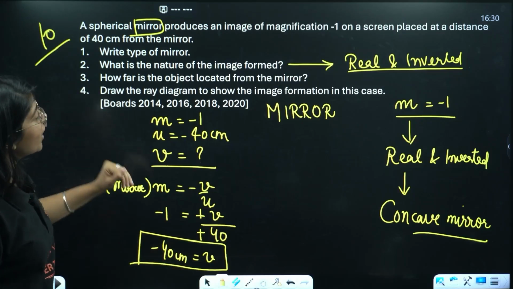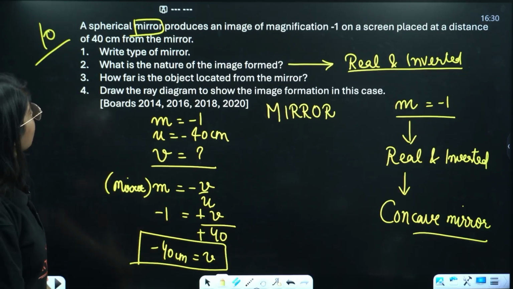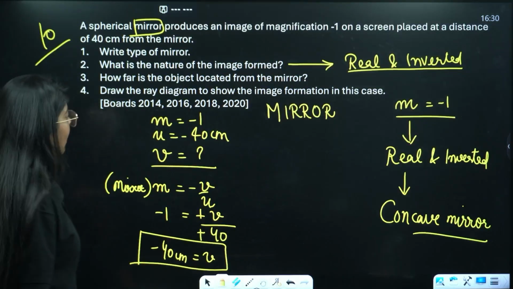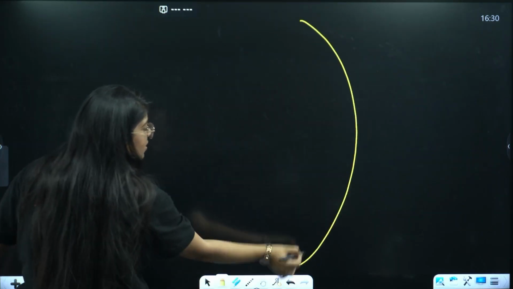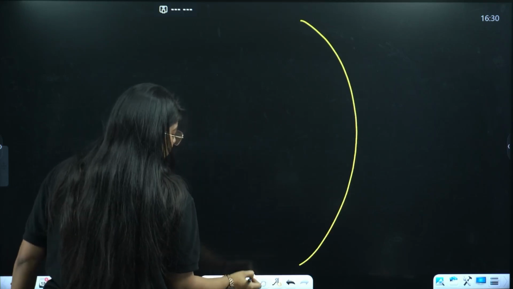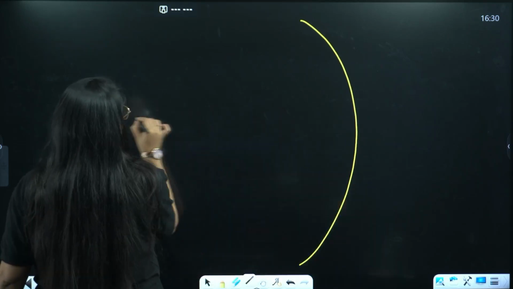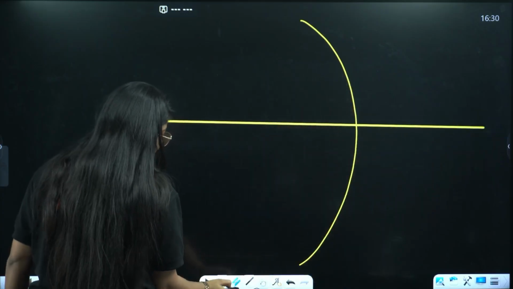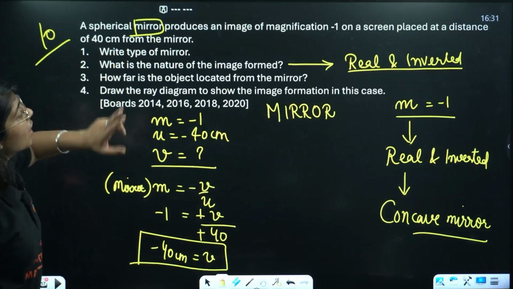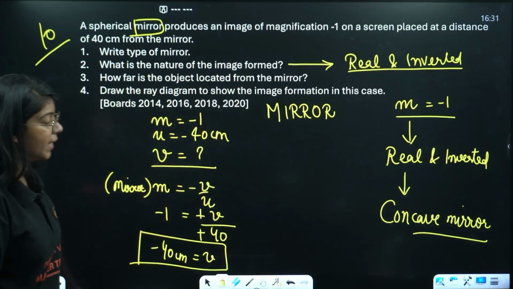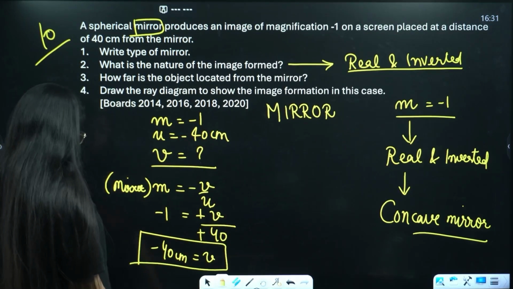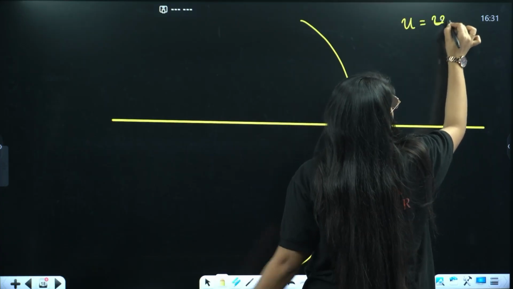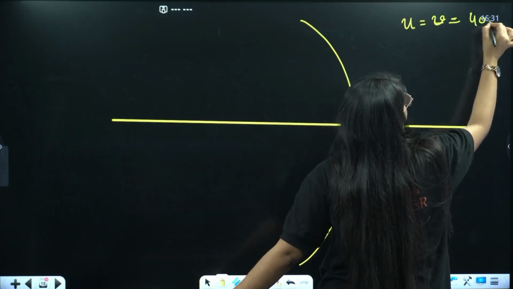Draw the diagram to show the image formation in this case. We have a concave mirror. Let's draw the principal axis. We are given the object distance is 40 centimeter. Now, one thing you need to see, object distance and image distance, just the distance, not the sign, both are 40 centimeter.